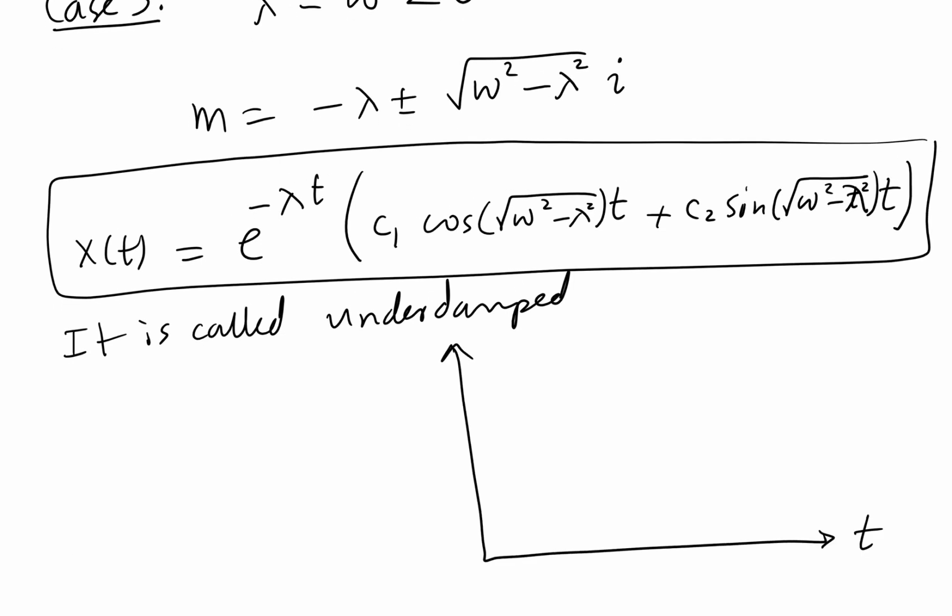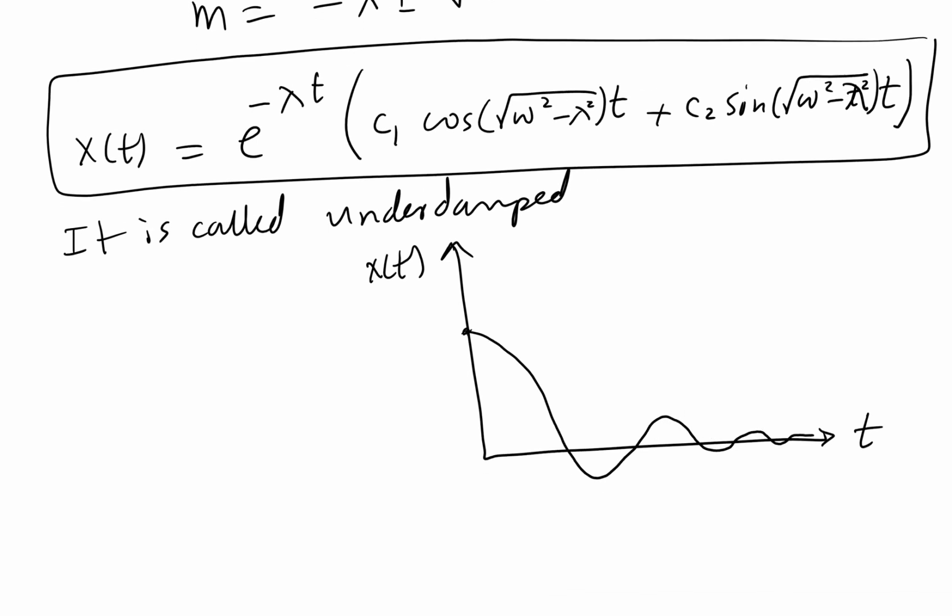So how does that look on the graph? Again, t and x of t. It's going to come down from somewhere like this, and then up, down, up, and eventually it goes to 0. And you can see this here.